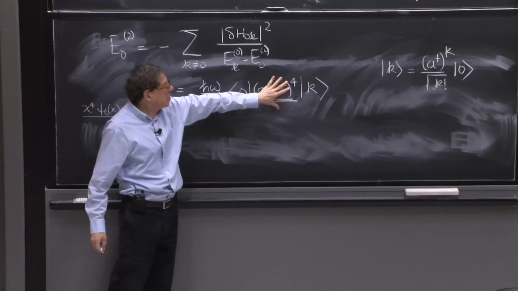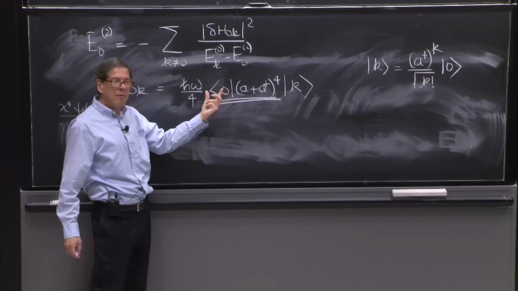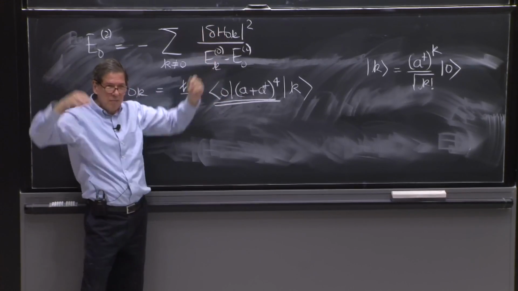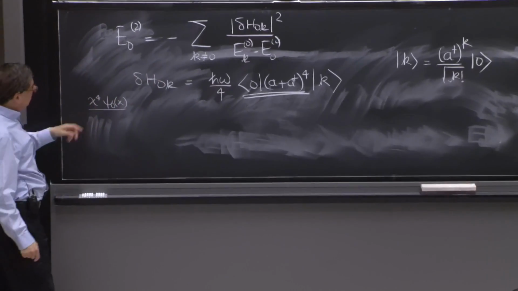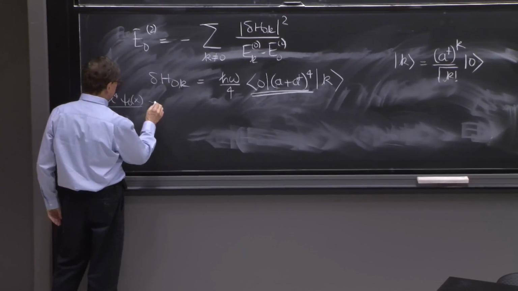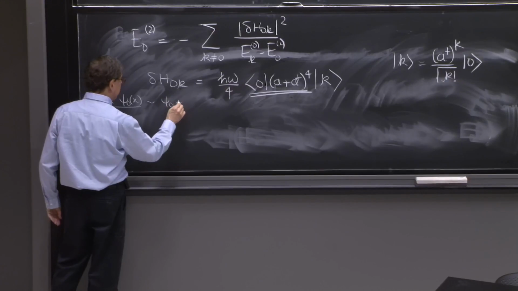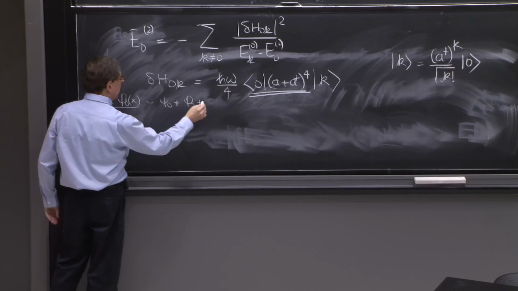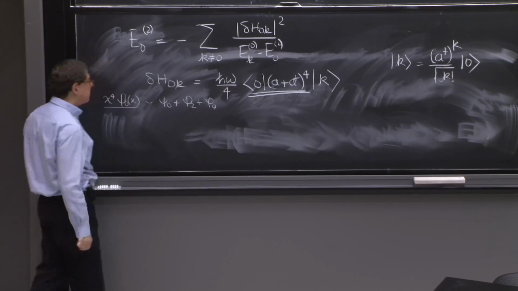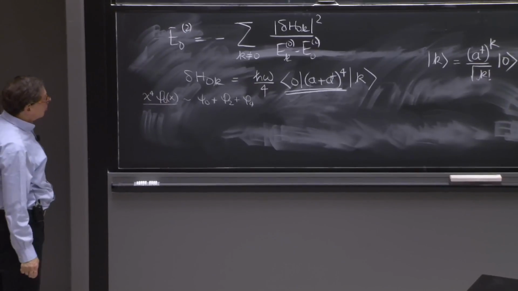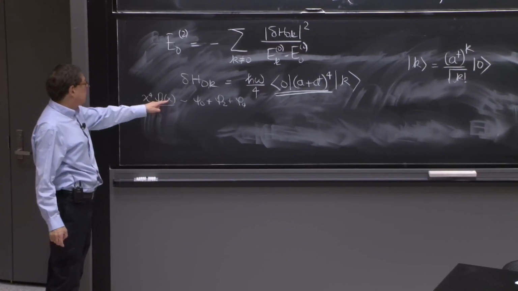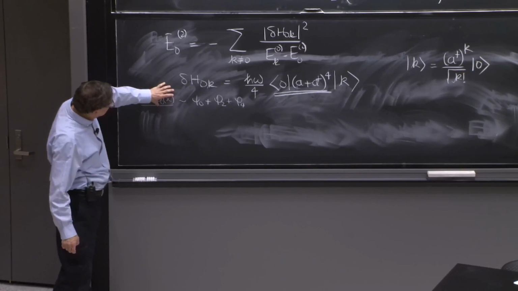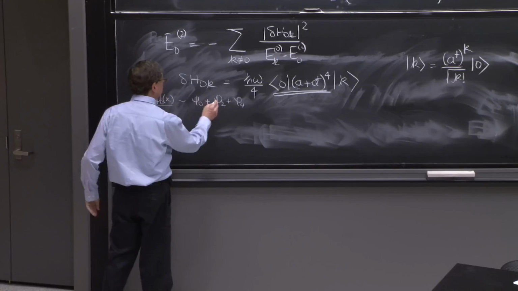So it should give you an even wave function. So you would expect that x to the 4th multiplied by phi 0 should be proportional to phi 0, but maybe phi 2, and phi 4. Should not have the odd ones because this function is not odd, it's even.